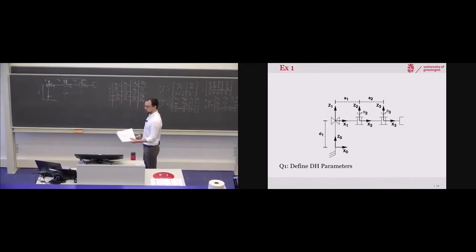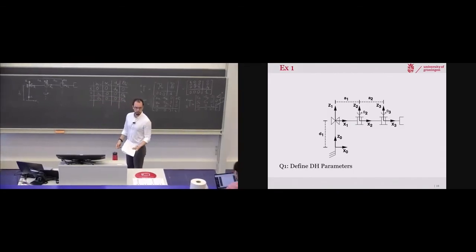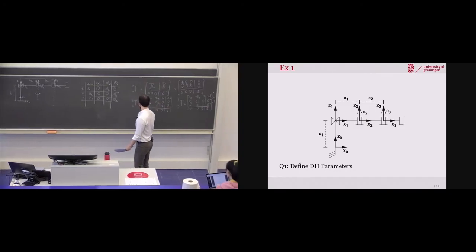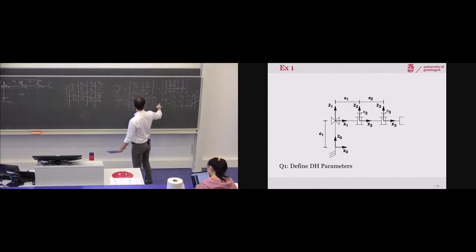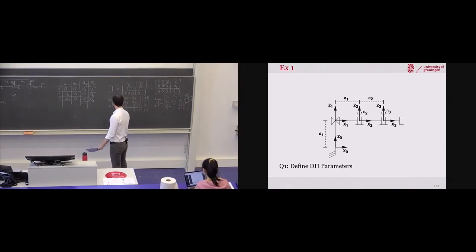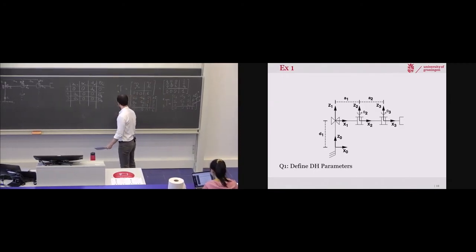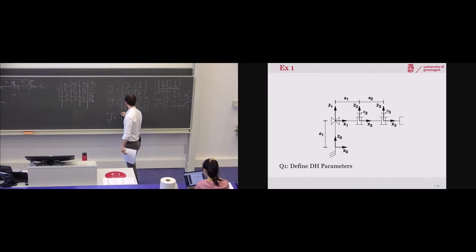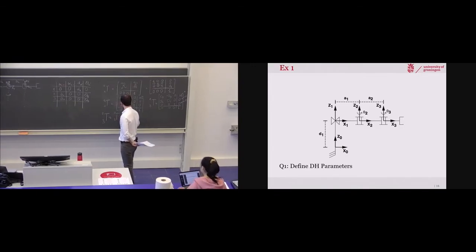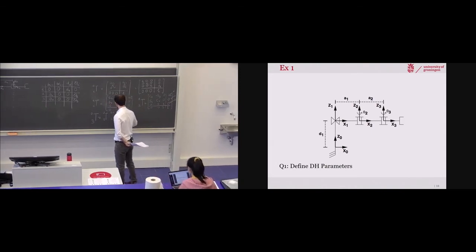Now, it asks us to compute the matrix from 0 to 3, and the matrix from 0 to 3 is obtained just by composing these three matrices. How do we do that? Well, the transition matrix from 0 to 3 is just the one from 0 to 1 multiplied by the one from 1 to 2, and multiplied once again by the one from 2 to 3.